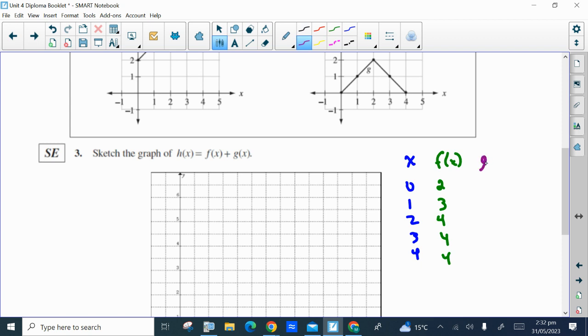For g at x, when x equals 0, we're at 0. When x equals 1, we're at 1. We have the point 2, comma 2, and then 3, comma 1, and 4, comma 0. Because remember, it's the y values that you're adding together. So to get our values for h at x, we simply add the y values together.